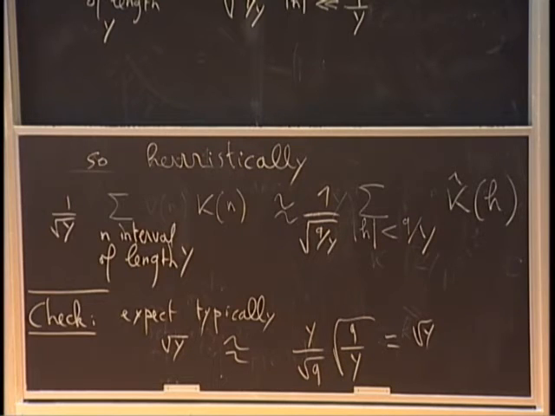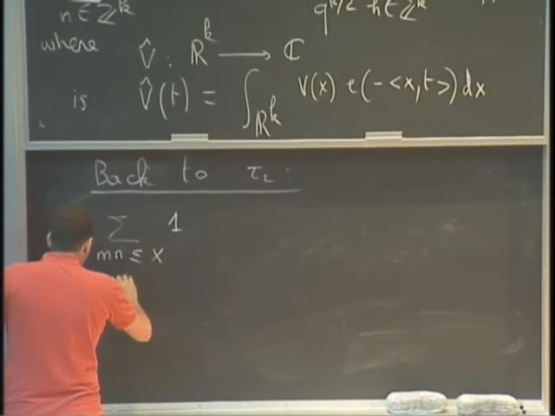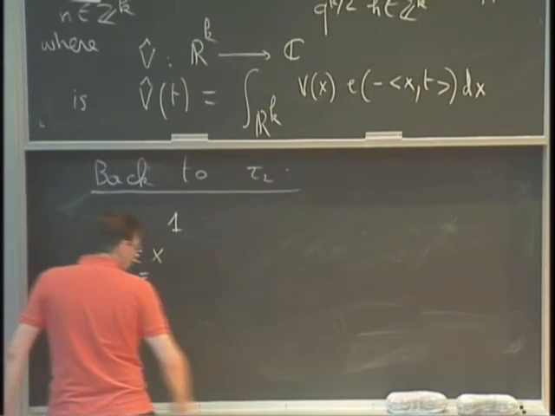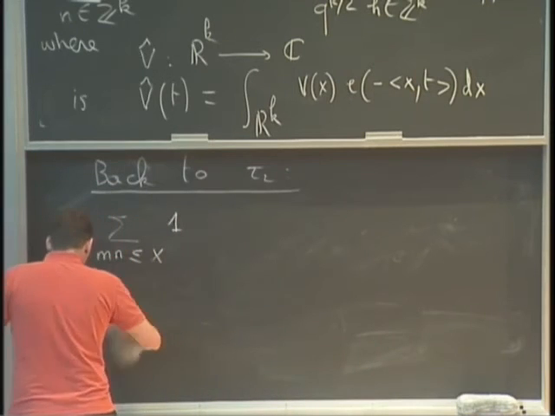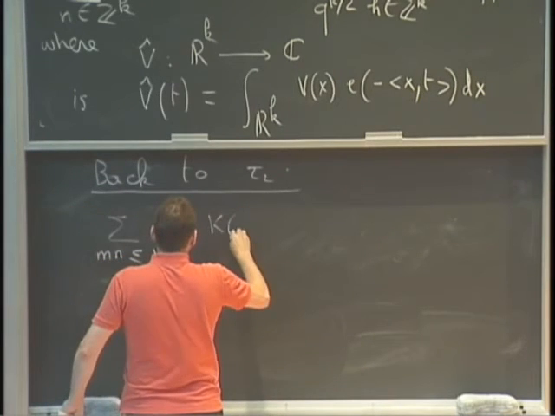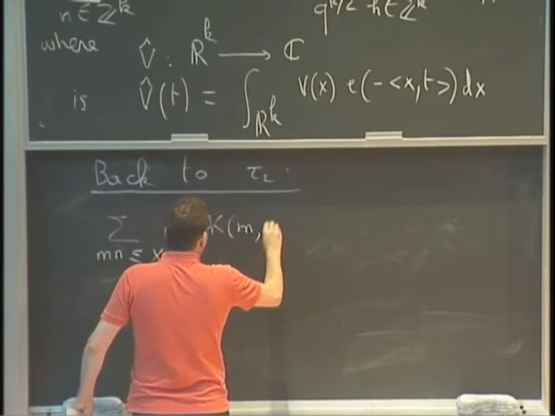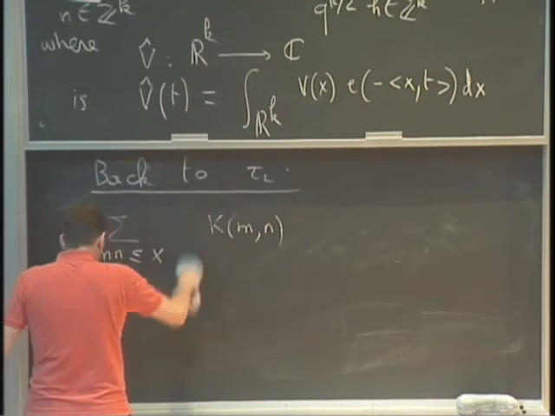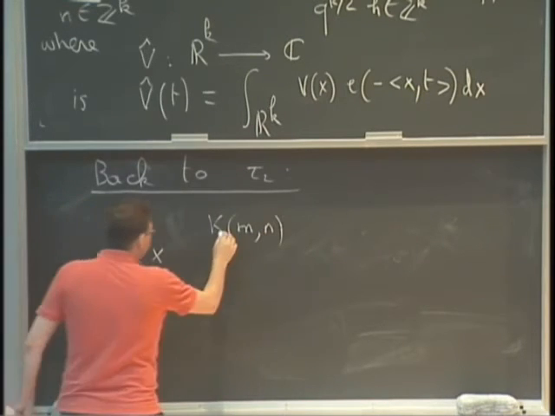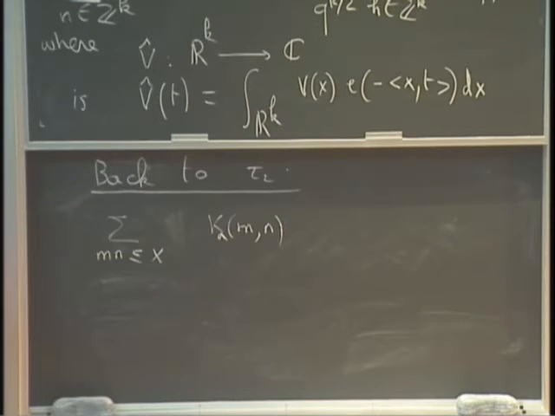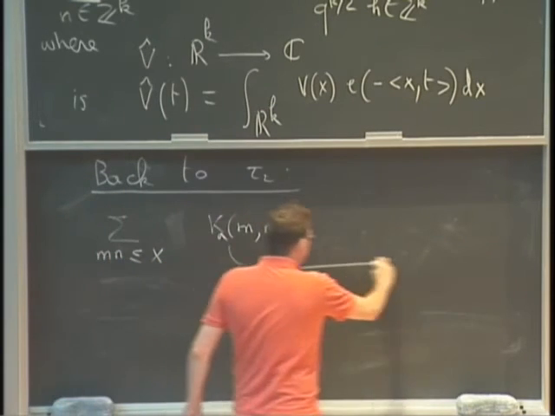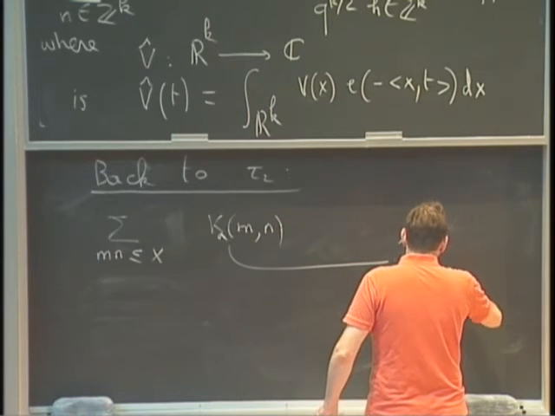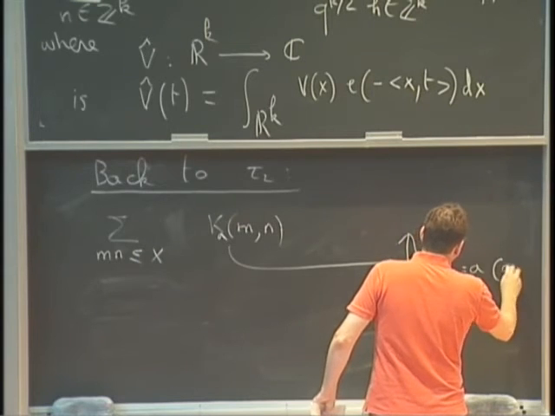So I'll write again the way I want to think about it. We have two positive integer variables, and I write k of m and n for the characteristic function of the residue class A for the product. So this is the characteristic function of mn equal a mod q.